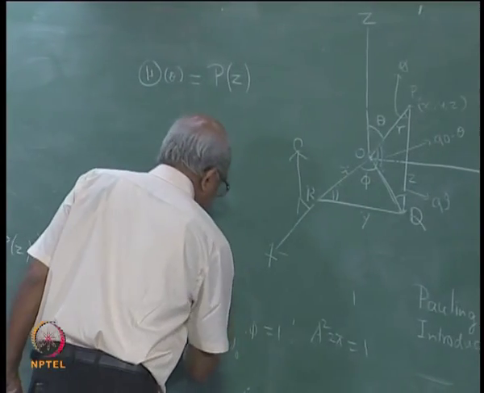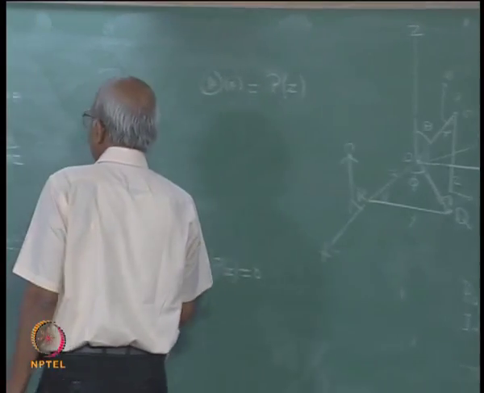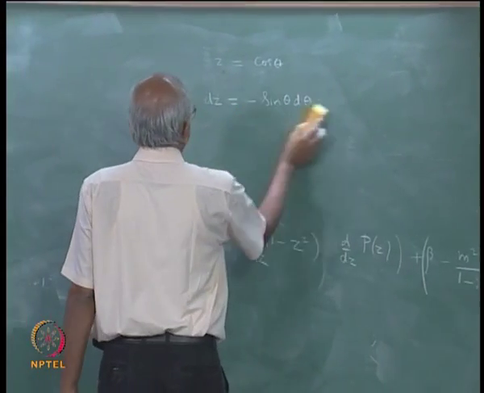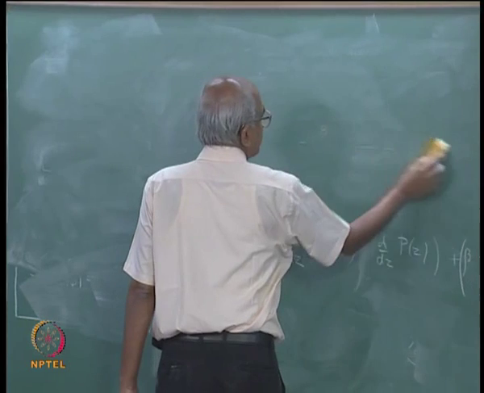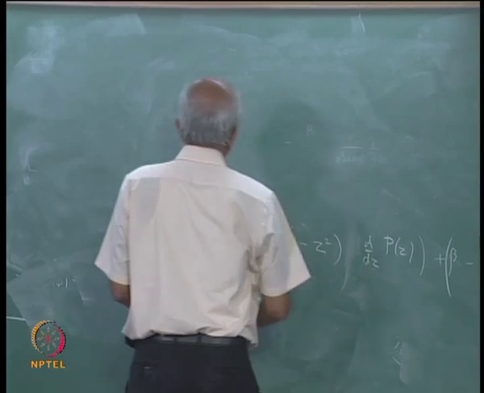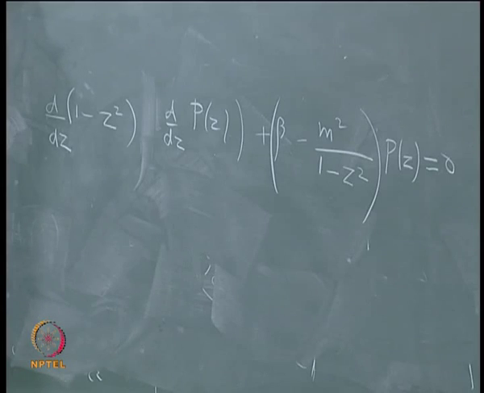Now you see this can be rewritten in a slightly simpler form by making a substitution. Well, this is going to take a little bit of time, so I will do it in the next lecture.